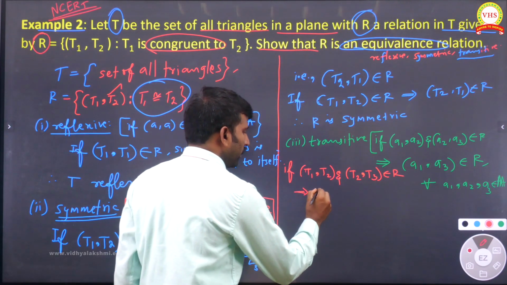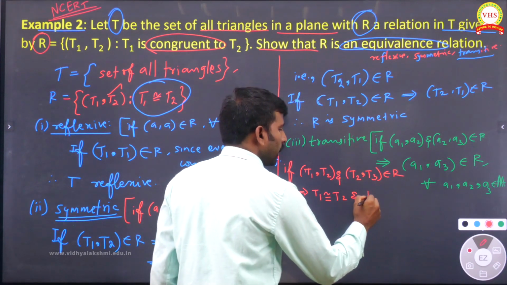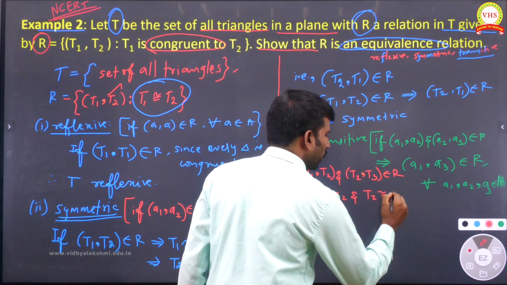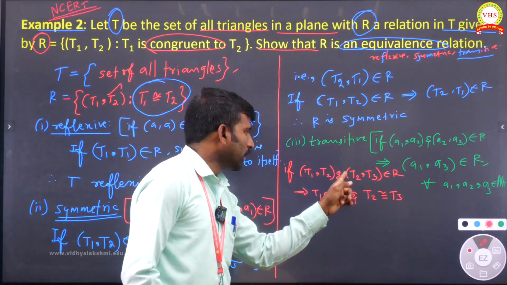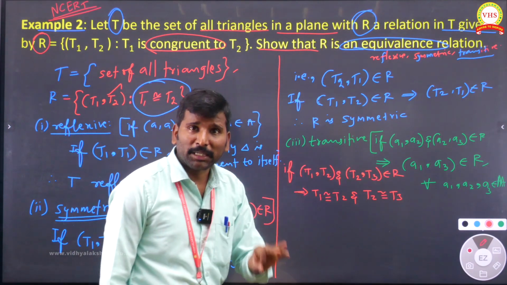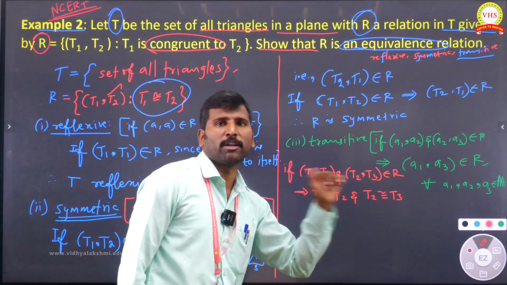This means T1 is congruent to T2 and T2 is congruent to T3. T1, T2 belongs to R, T2, T3 belongs to R. Then the meaning is these two pairs will be congruent.